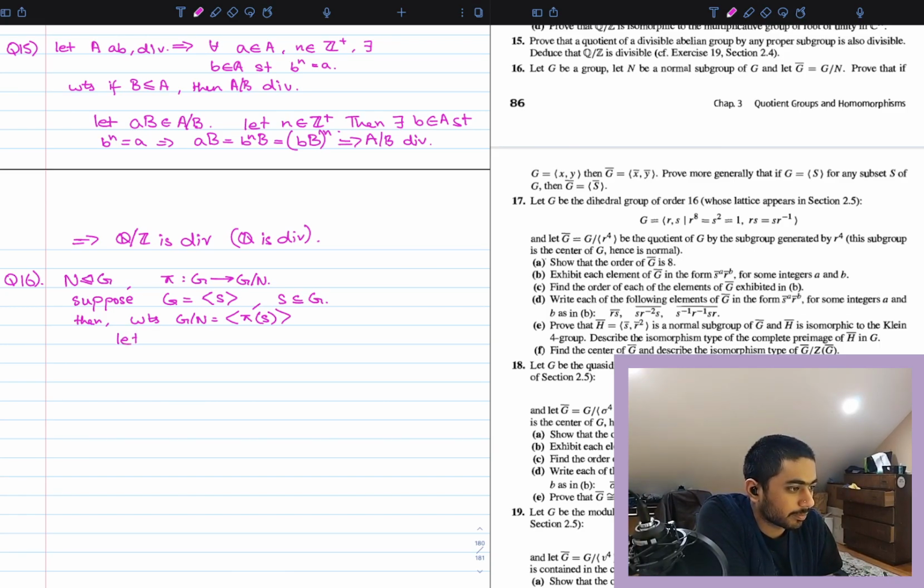So let g be an element of G, right? I guess let me do this a proper way. So let gN be an element of G mod N. Now G is generated by S, so g can be written as some product s1 s2 through sn, where each si is some element in S. Because G is generated by the set, every element in it can be represented as a product of elements from that set.